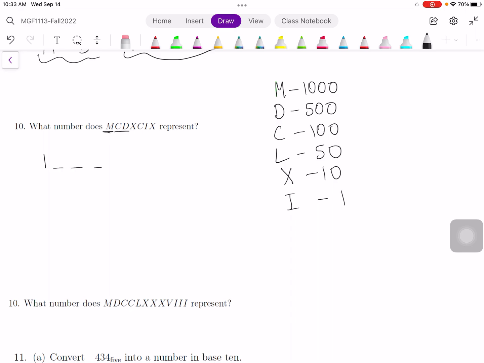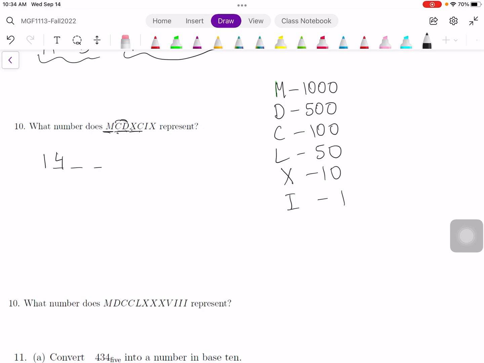Okay, then normally D is 500 and C is 100. So normally bigger should be before smaller. But if you see this order reversed, smaller 100 is before the bigger, that means 100 less than 500, which stands for 400. Okay, now again, normally you would see X is 10 and C is 100.